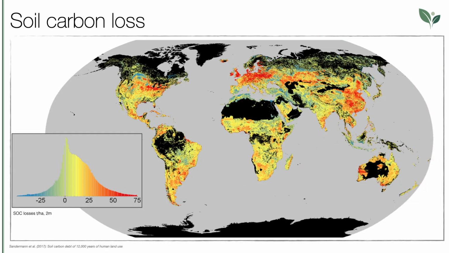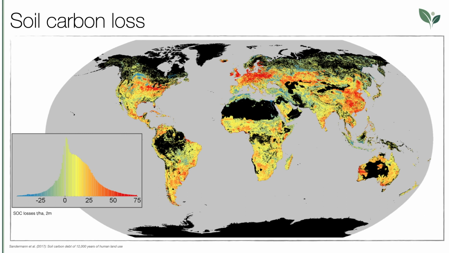Models help show us the extent of these humus losses around the world. The yellow areas on the map show soil erosion carbon losses of 5 to 15 tons per hectare. In the red areas, the values are over 50 tons.